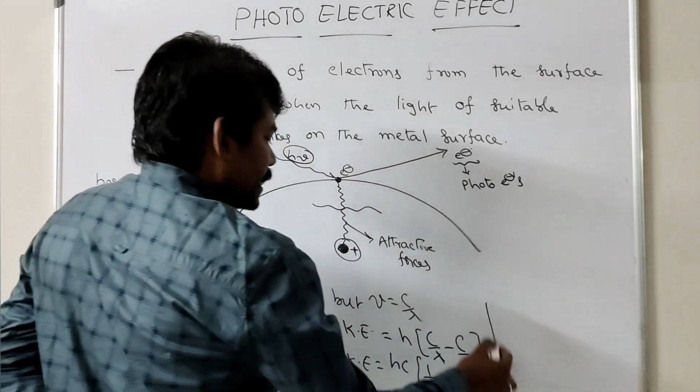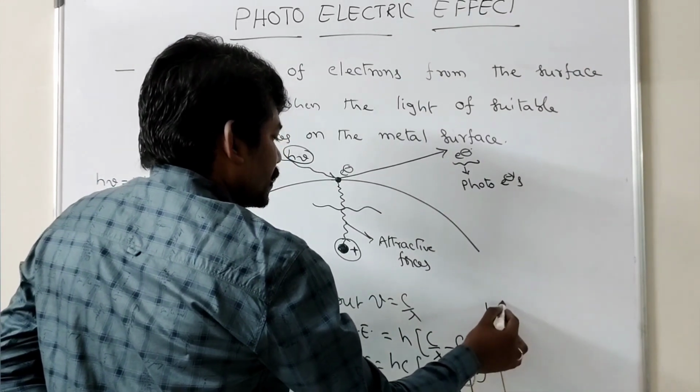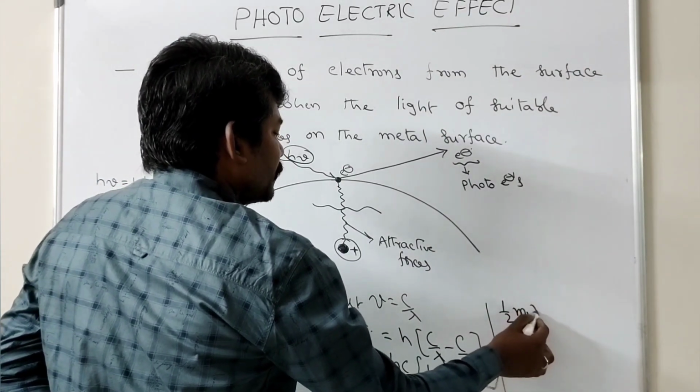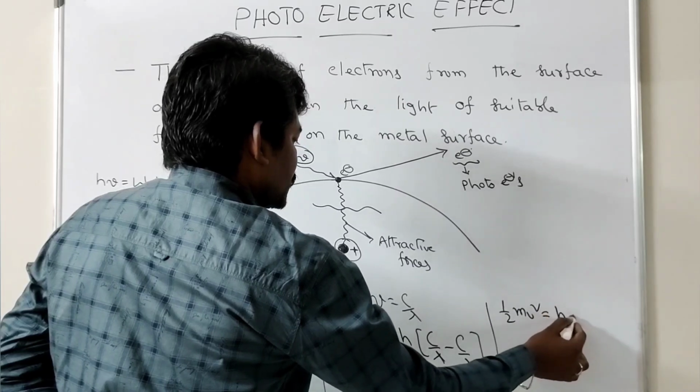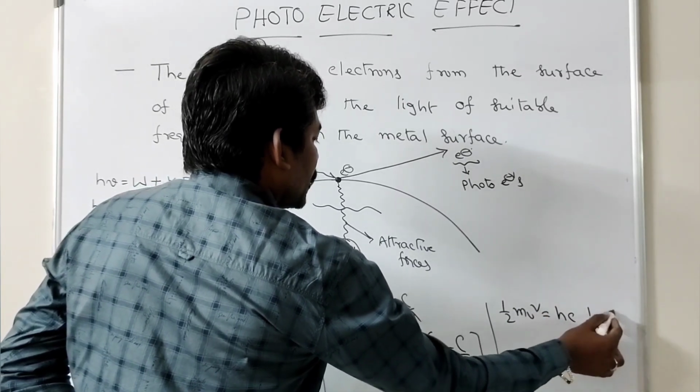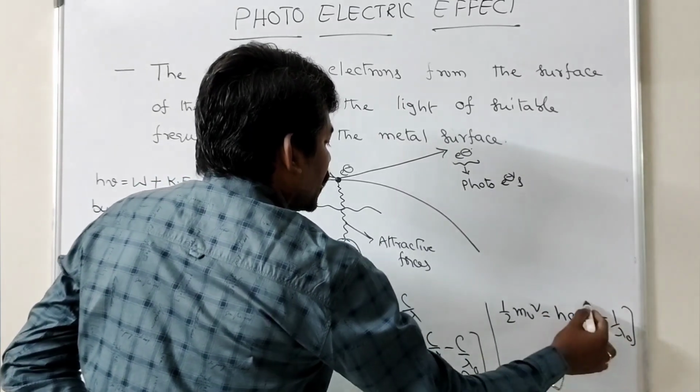You know a rule about kinetic energy, which is nothing but half mv square. Half mv square is equal to hc into 1 by lambda minus 1 by lambda naught.